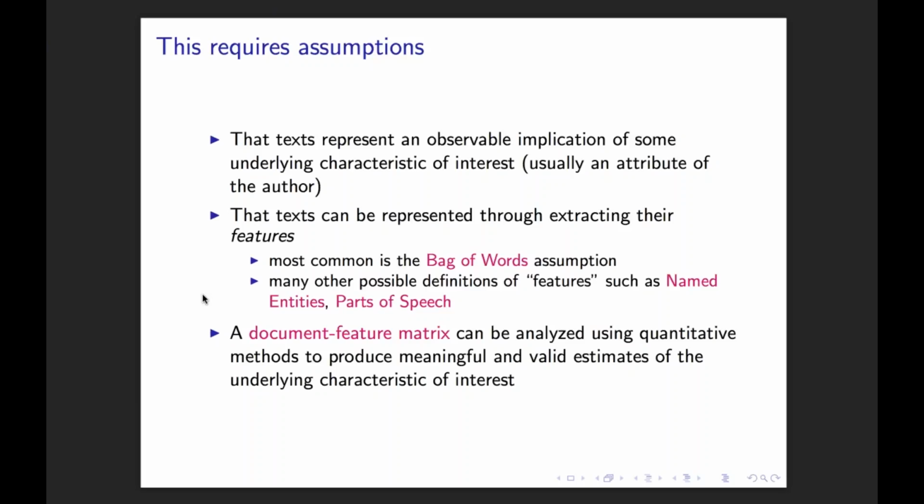And from that document feature matrix, we can then use more standard computational methods to produce meaningful and valid estimates of that underlying characteristic or latent thing that we're interested in. Again, whether that be the ideology of a party or a person or the relative weight that somebody puts on one objective versus another.